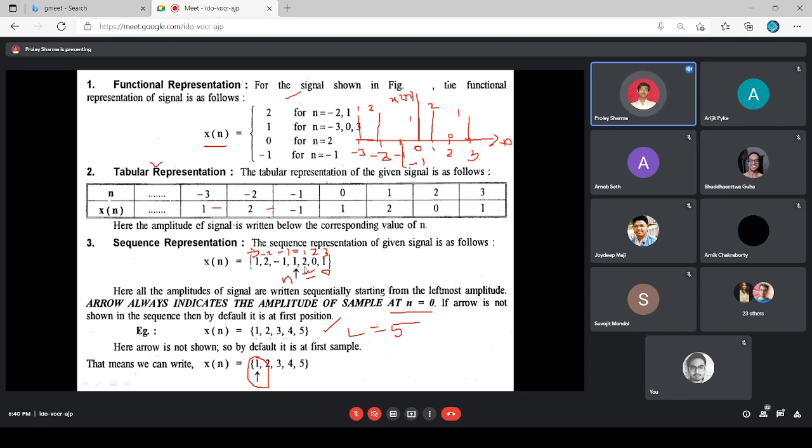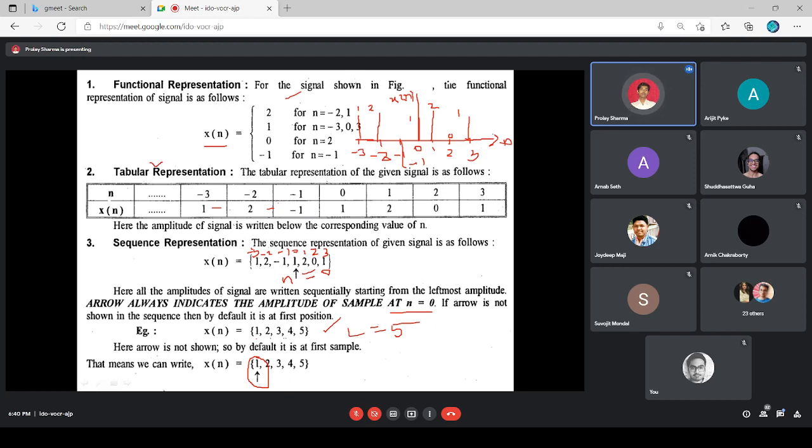For n equal to 1, sample value is 2. For n equal to 2, sample value is 0, n equal to 3, sample value is 1. And on the left hand side, n equal to -1, sample value is -1, n equal to -2, sample value is 2, n equal to -3, sample value is 1. So this is the sequence representation.